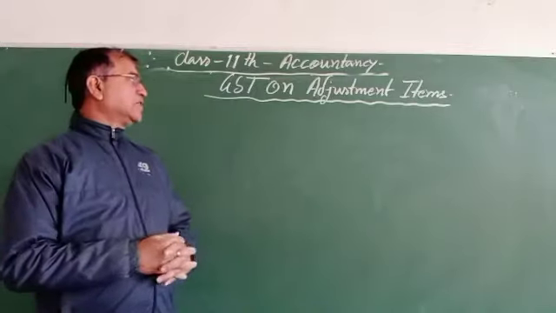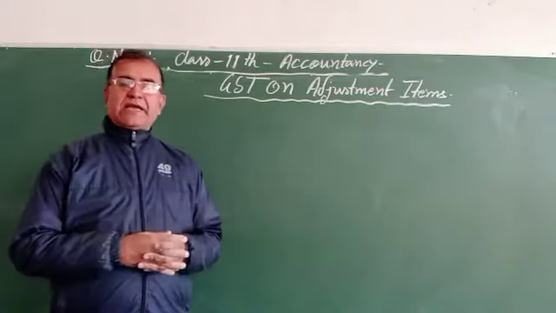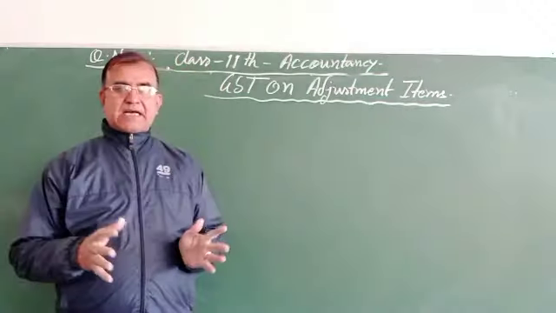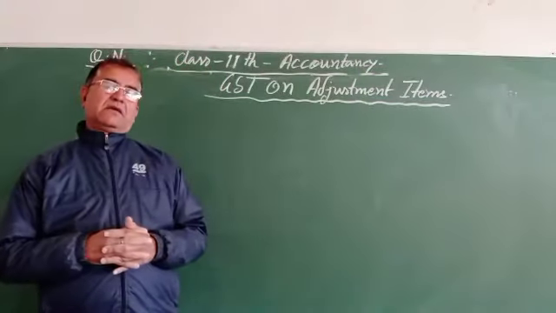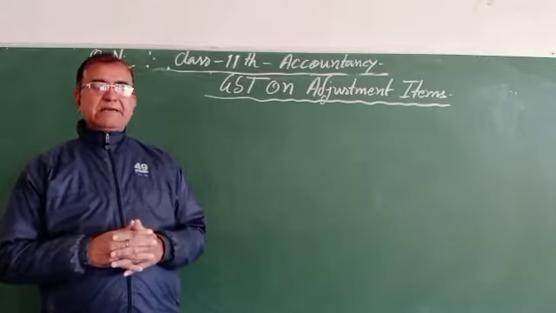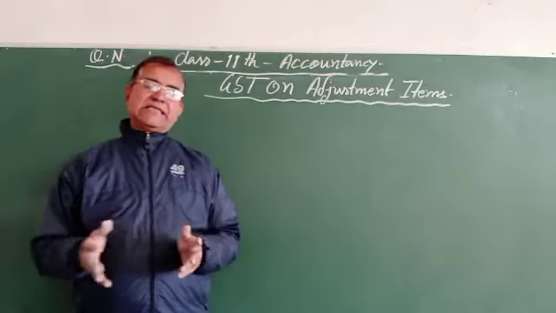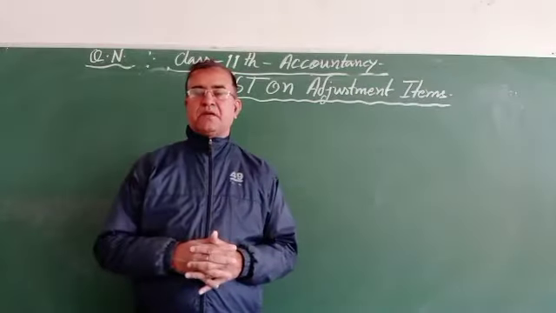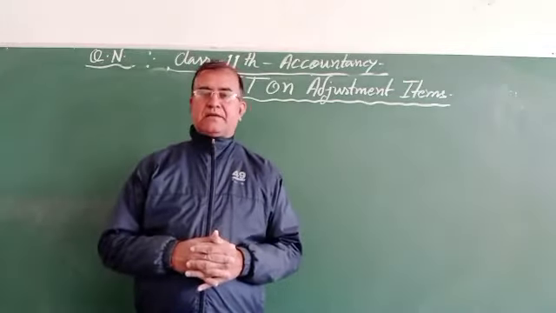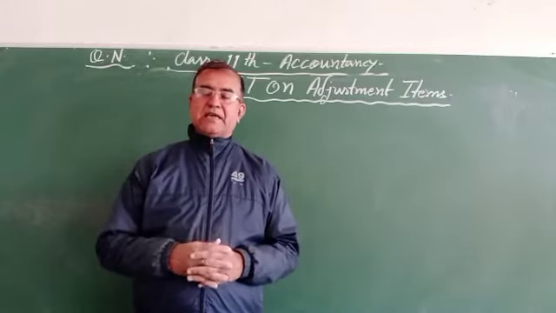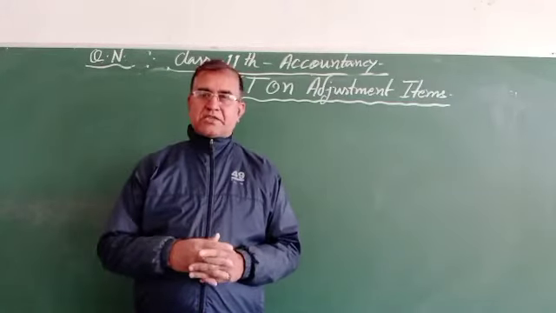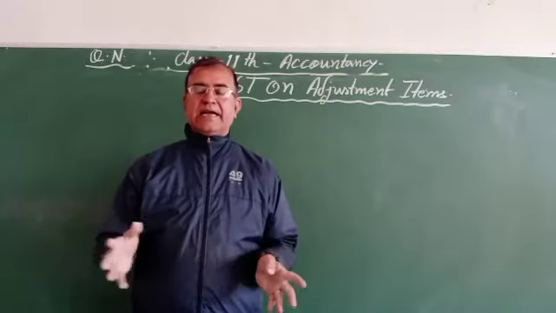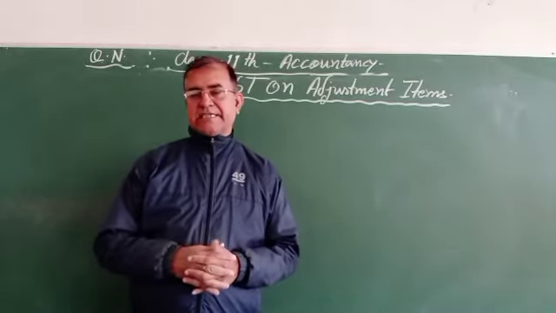Now see how these are adjusted in the final accounts. When we purchase the goods, GST is charged, that is input GST: CGST, SGST, IGST. CGST refers to central GST, SGST refers to state GST, and IGST is interstate GST.